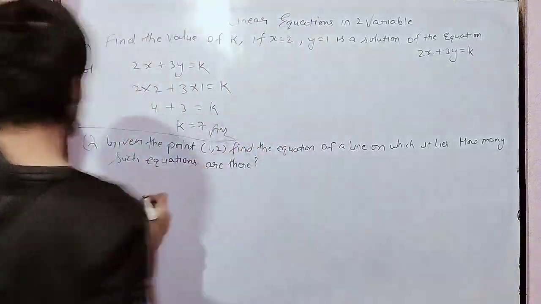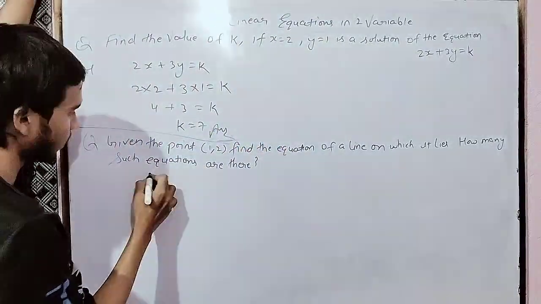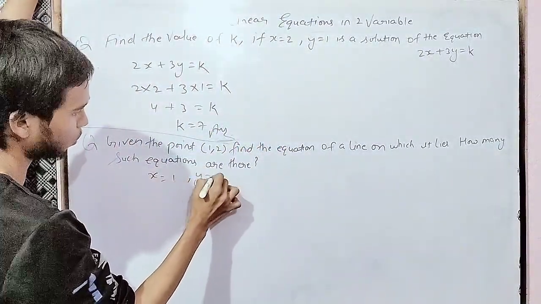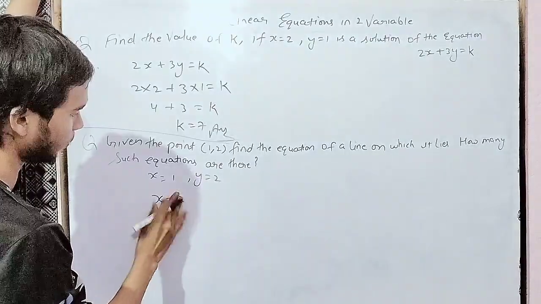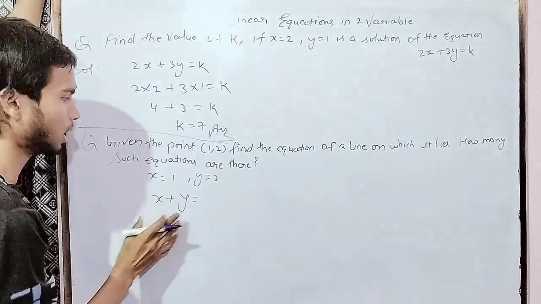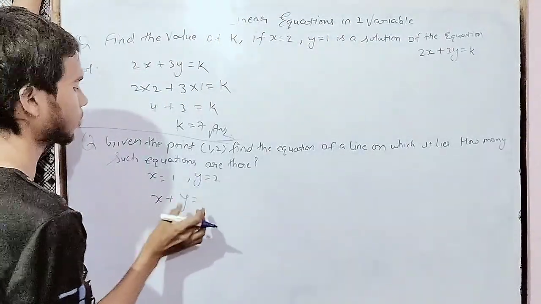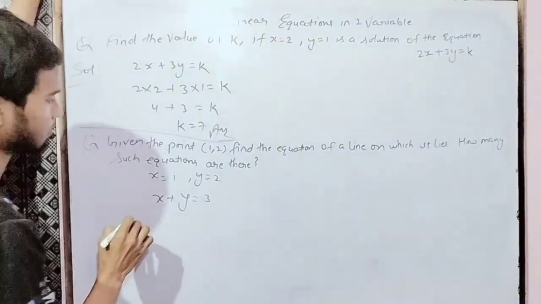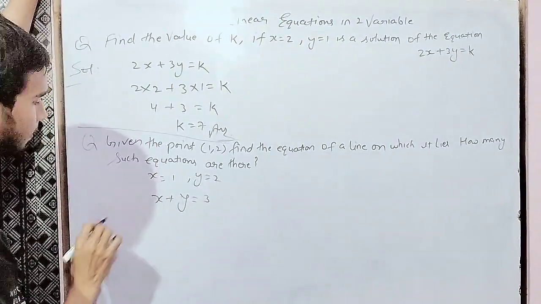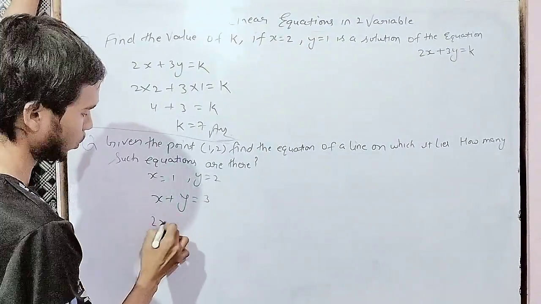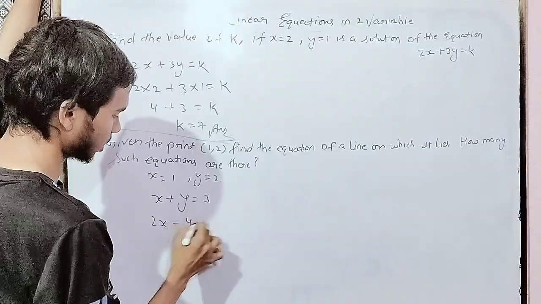So can we say if x is 1 and y is 2, then of course when we write x plus y, it will give 1 plus 2, which is 3. Similarly, 2x minus y.